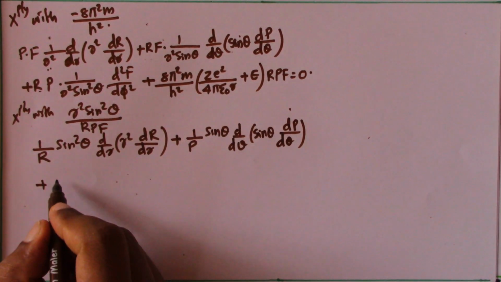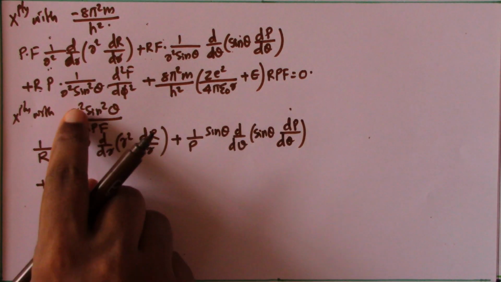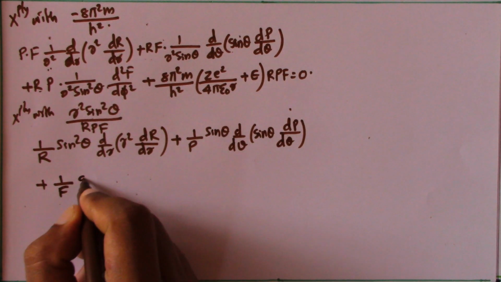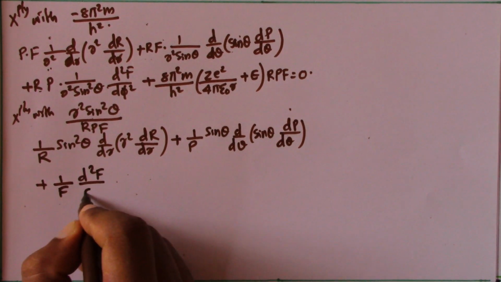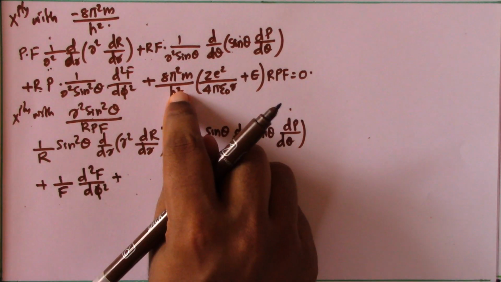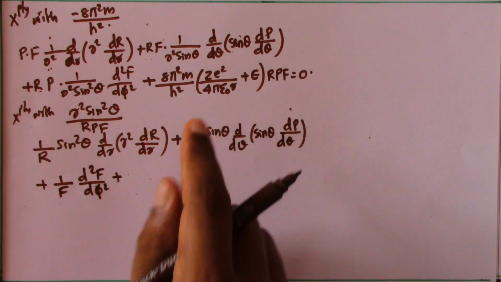So what is remaining is 1 divided by F into r square sine square theta, and r square sine square theta will be completely cancelled. So what is remaining is d square F divided by d phi square, plus now we have to multiply with this also, r square sine square theta by RPF.